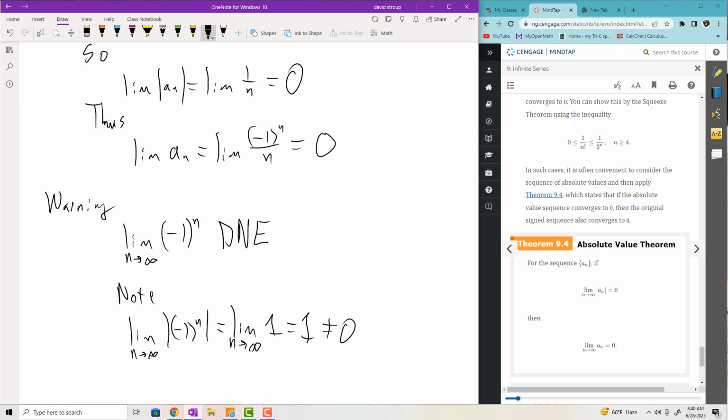Okay. The real reason why then it does not exist is because the limit of the odds does not equal the limit of the evens. Okay. Or as the book says, it alternates, but I don't like that turn of phrase.